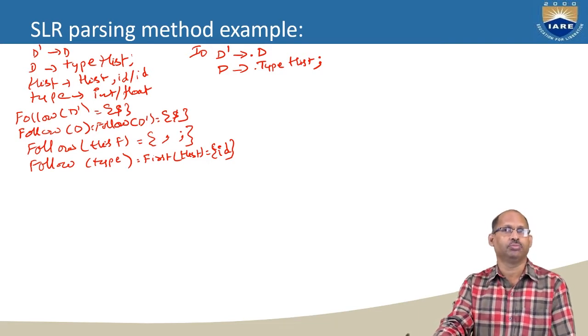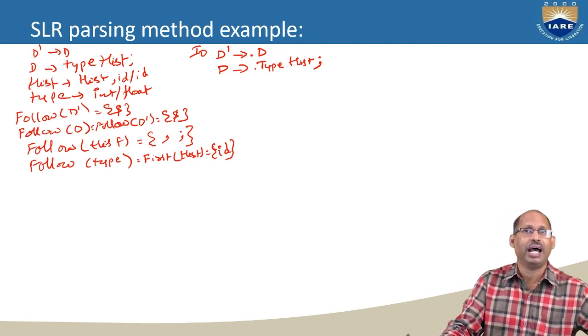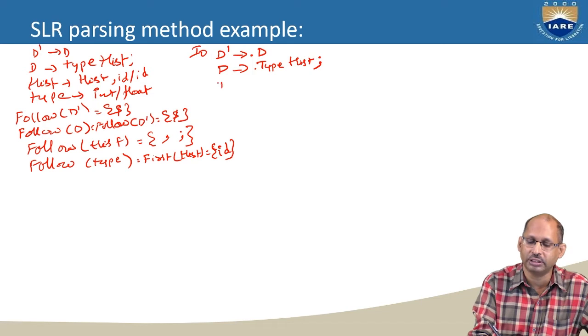Dot is followed by a non-terminal type, so add the productions type gives dot int, type gives dot float.